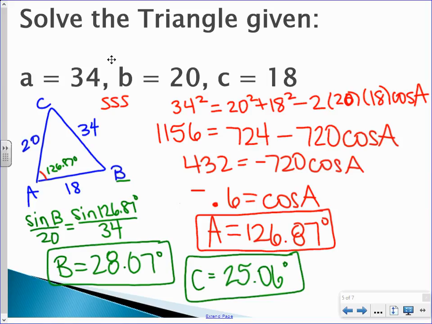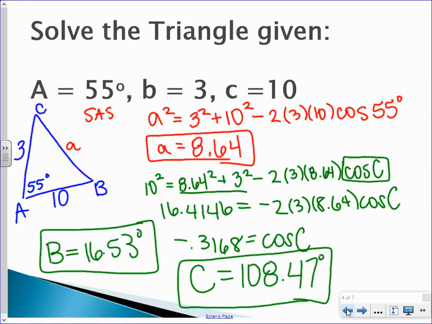In the case of side angle side, we would have wanted to avoid finding angle C with the law of sines. Okay? So we found the side using law of cosines, and then it would have been best if we were going to switch to the law of sines to find angle B, because it is the smaller of the two sides, and so we know it wouldn't be obtuse.